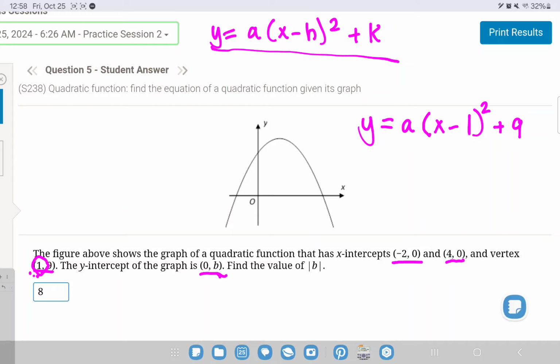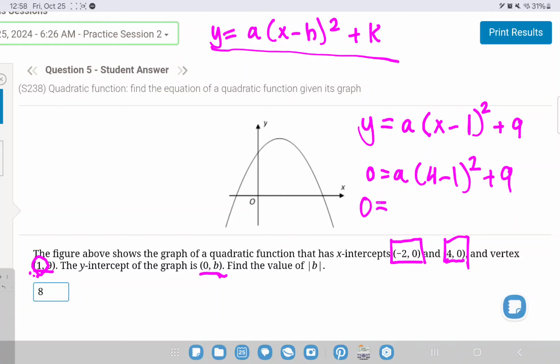And now we use the points they gave us. Choose any one you want, so we can find A. I'm gonna go with (4, 0). So we replace y with 0: 0 equals A times (4 minus 1) squared plus 9.